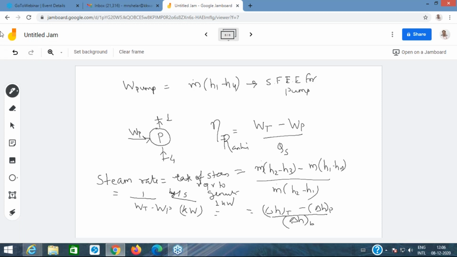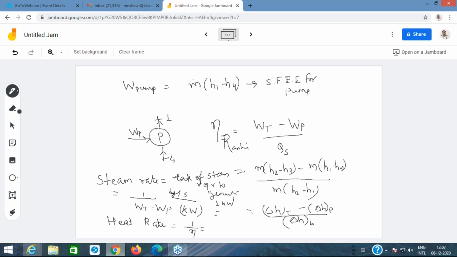Similarly, there is another term called the heat rate. The steam rate is the steam required to generate 1 kilowatt of output. Heat rate is the reciprocal of efficiency.